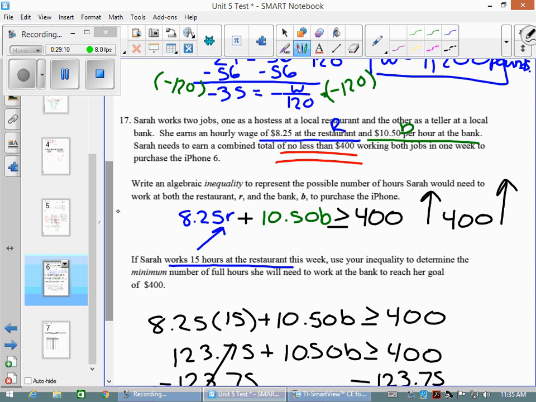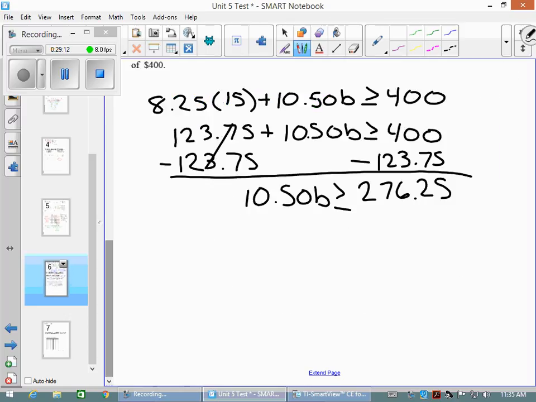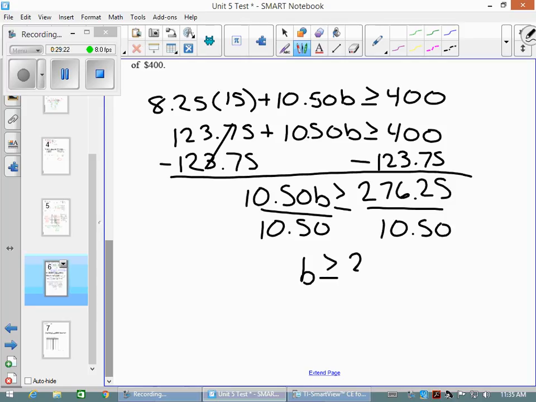I would get that B is greater than or equal to 26.3095238. And again, I want to write out that entire calculator readout. I cannot round unless they ask me to round, and I can put a dot to symbolize that this is an irrational number and it is going on forever.